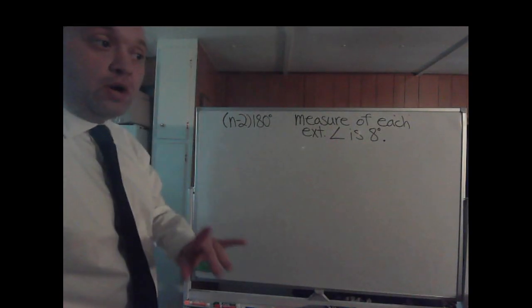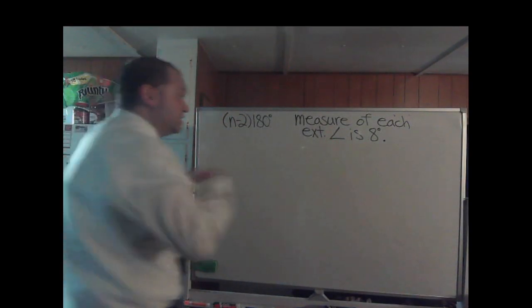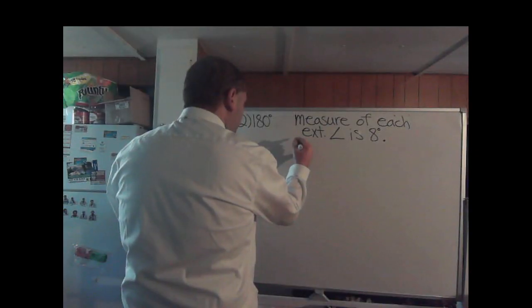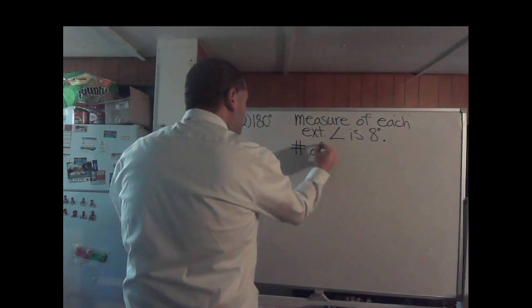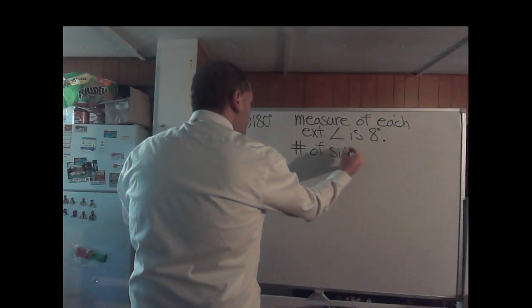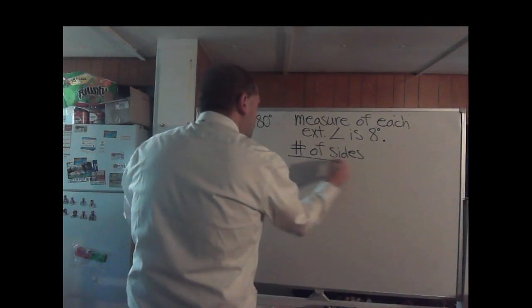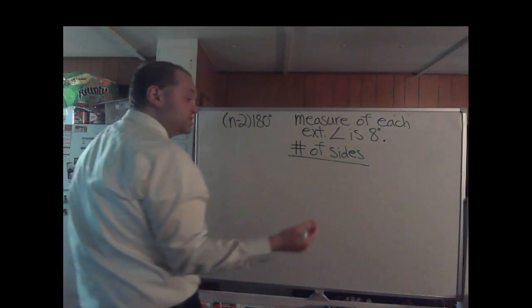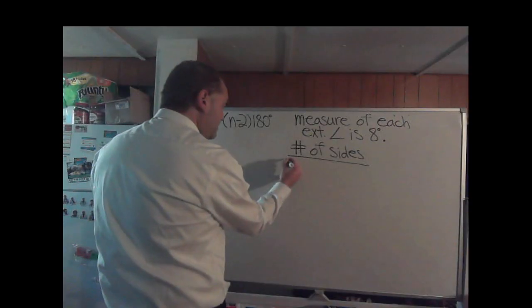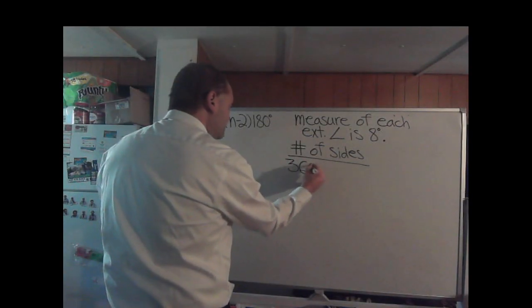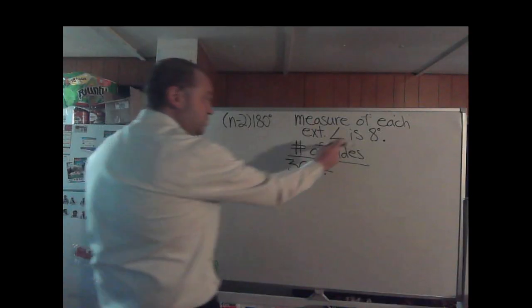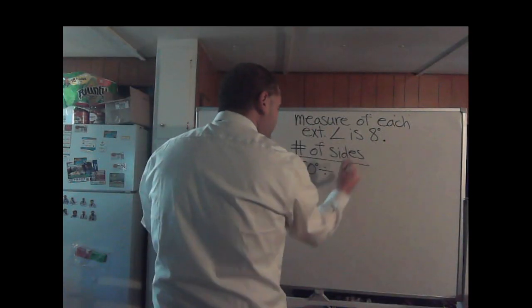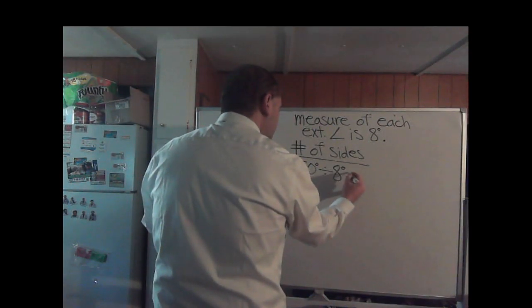We still don't know how many sides it has. Well, that's easy enough to figure out. All you're going to have to do to find the number of sides for this is take the total sum of the measure of the exterior angles, which would be 360 degrees. You'll divide that by the measure of a single exterior angle, which is 8 degrees.